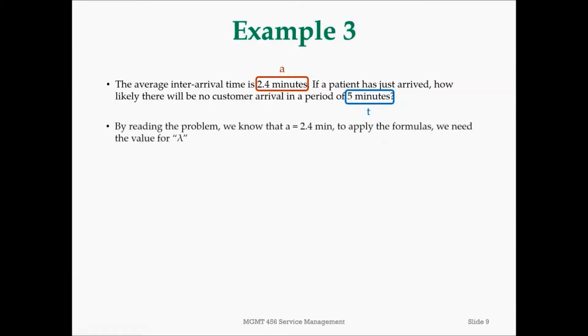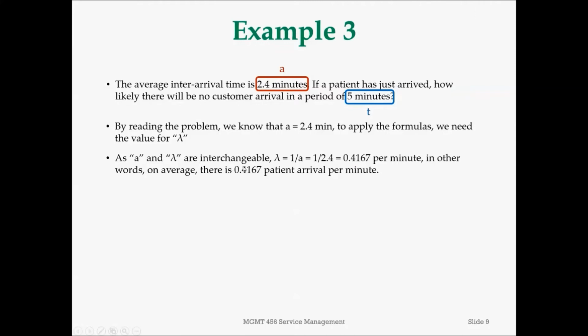By reading the problem, we know that A is equal to 2.4, but A is not sufficient. In order to apply the formula in the previous slide, we need to find out 3 pieces of information: what is T, what is lambda, and what is n? We don't really need A, but we know A and lambda are interchangeable.